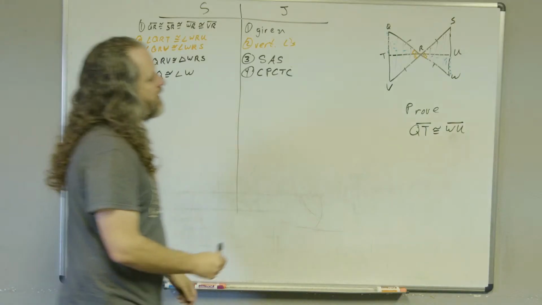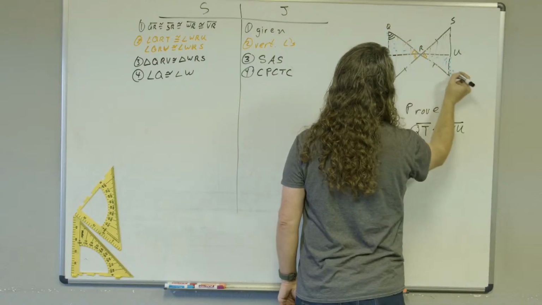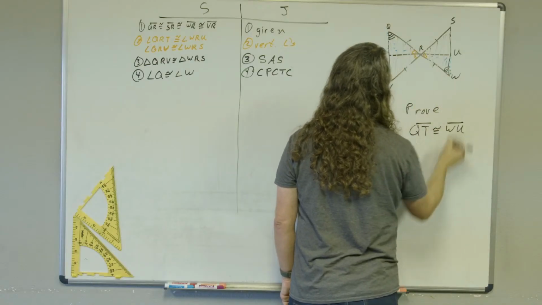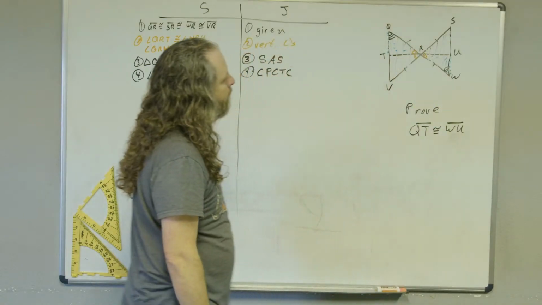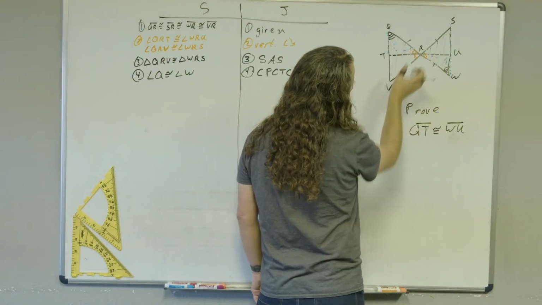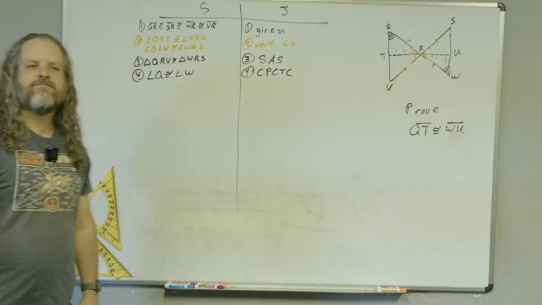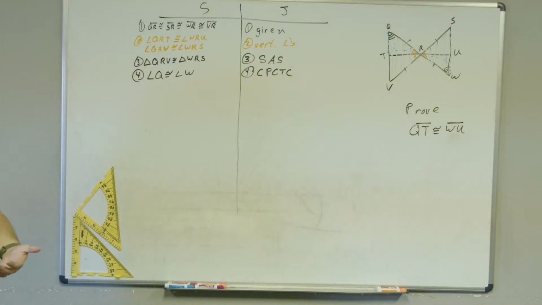So now we've got this congruent to this. So we've got an angle, and a side between them, right? Does that work? Is that a proof for congruent triangles? Angle, side, angle.